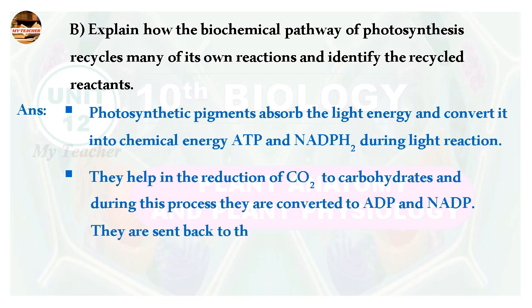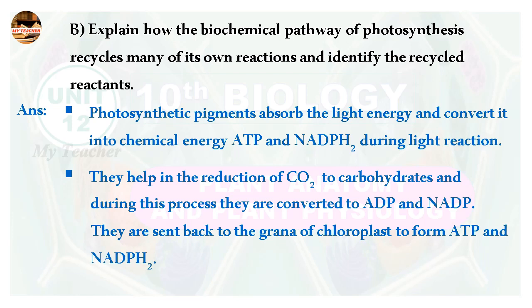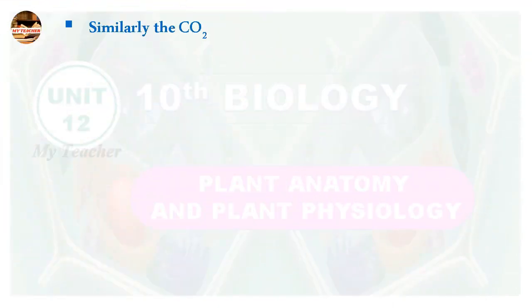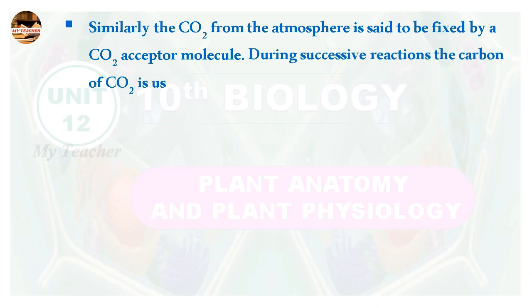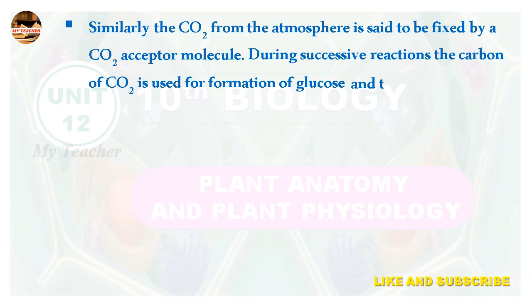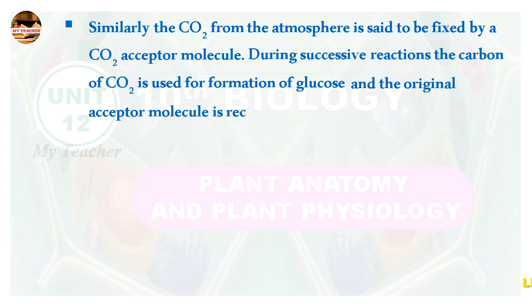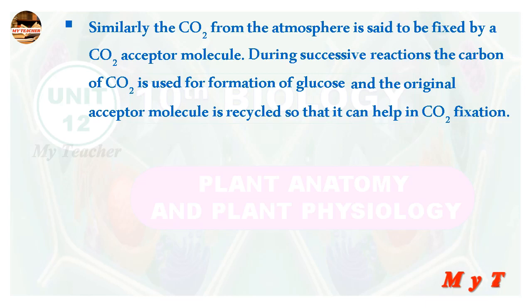They are sent back to the grana of chloroplast to form ATP and NADPH2. Similarly, the CO2 from the atmosphere is said to be fixed by a CO2 acceptor molecule. During successive reactions, the carbon of CO2 is used for formation of glucose and the original acceptor molecule is recycled so that it can help in CO2 fixation.